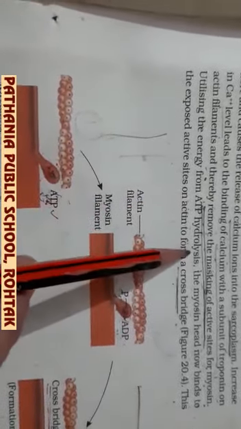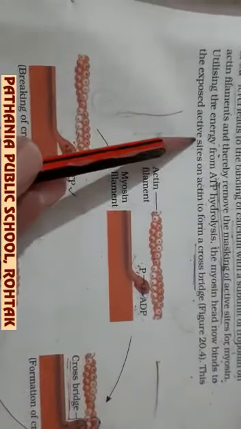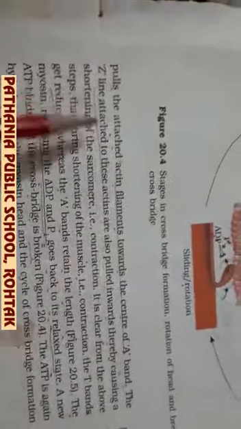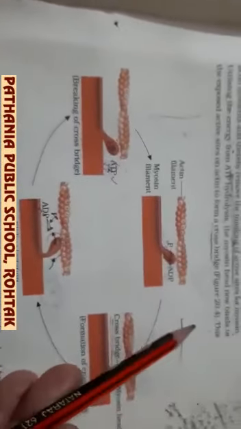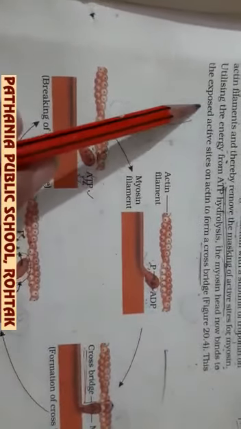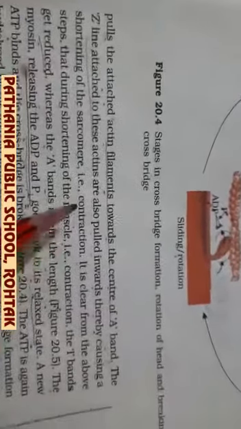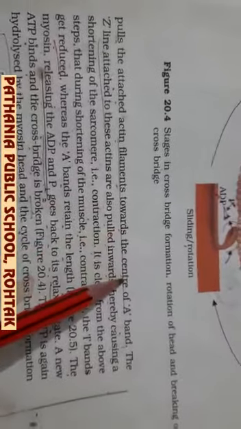As I have told you, the myosin head now binds to the exposed active site on the actin. The head of the myosin will bind to this portion of the actin filament where the troponin was there. Now what will happen is that the cross bridge forms at the exposed active site of actin, and this pulls the attached actin filament towards the center.